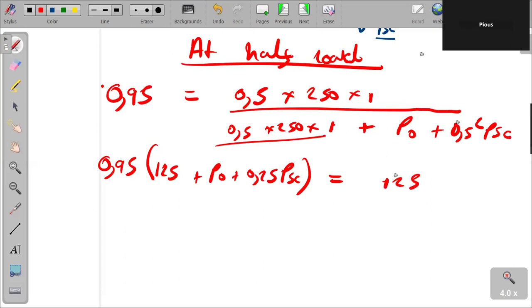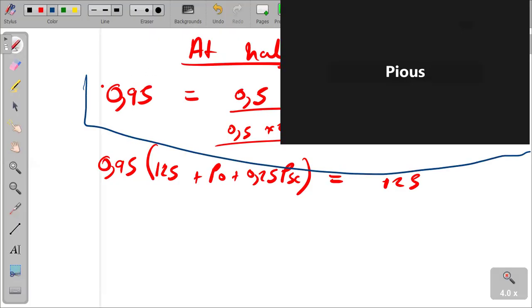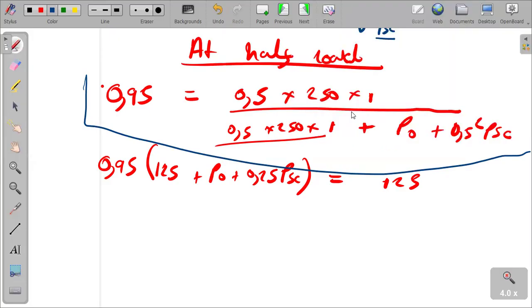I'm just simplifying what we're having here.